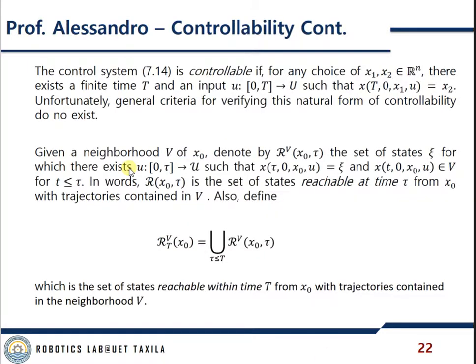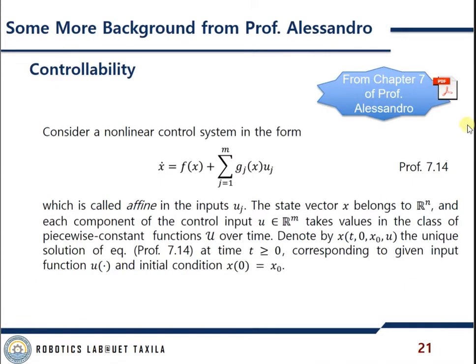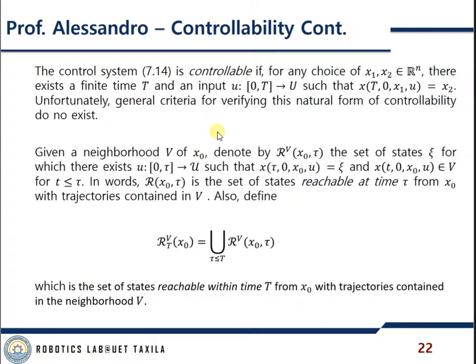So the control system 7.14, which is this one, is controllable if for any choice of x1, x2 that belongs to the n-dimensional space, there exists a finite time t and an input u, defined from 0 to t, that maps to u such that x of t, comma 0, comma x1, u is equal to x2.